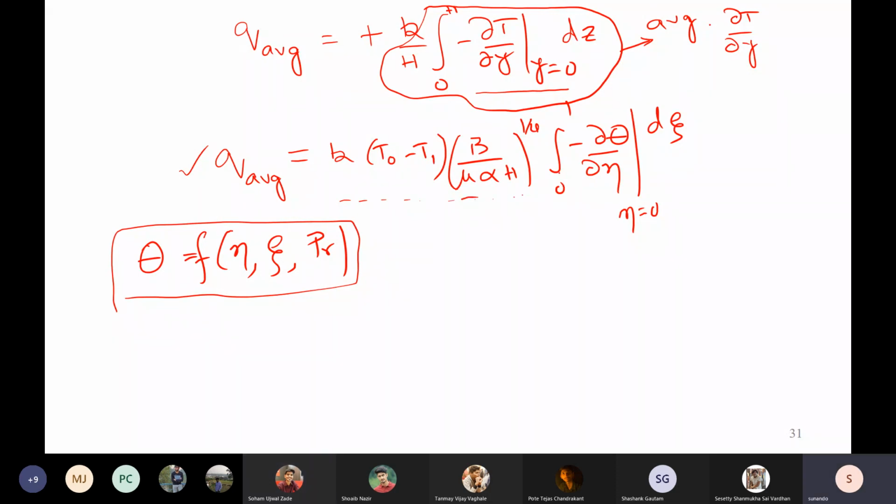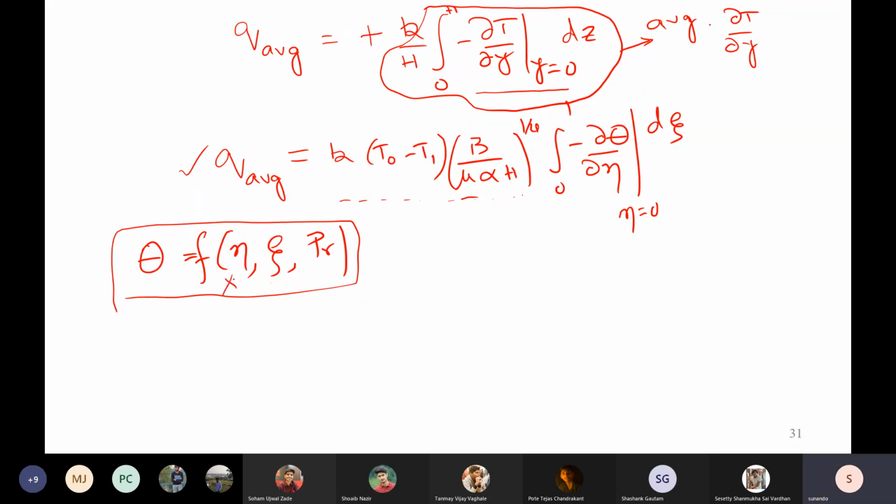Is it going to be a function of eta? Look at the definition. No. Sir, it is a function of Prandtl number and theta. Can you repeat once again, please? Sir, zeta and Prandtl number. It's going to be a function of zeta and Prandtl number. You are probably saying that it's not going to be a function of eta because you have specified eta. So it's not going to be a function of eta.